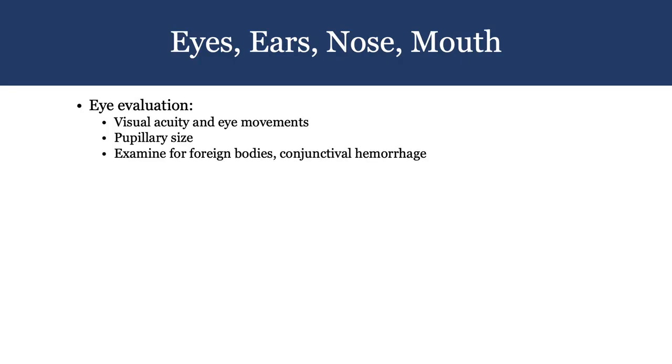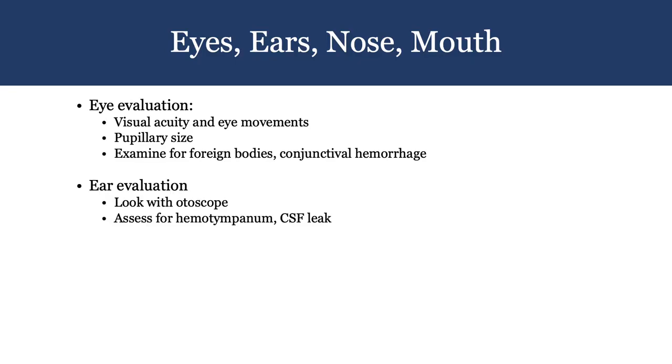We evaluate the eyes, the ears, nose and mouth. We do a visual acuity for the eyes and visual movements. We check the pupils and examine for foreign bodies in the eyes as well as bleeding in the conjunctiva. We examine the ears using an otoscope.